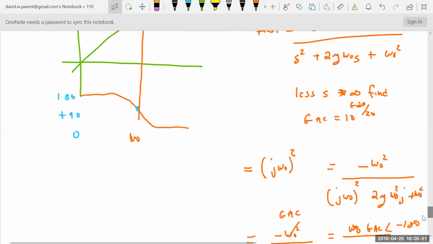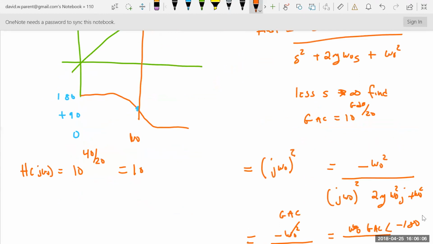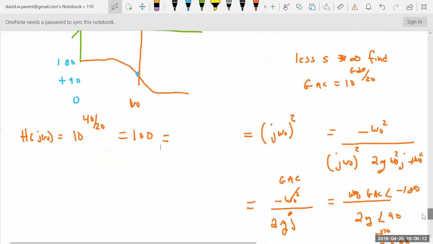So H of j omega naught equals 10 to the 40 divided by 20, which is 100, but that's also supposed to equal the magnitude of the gain at AC divided by 2 delta.